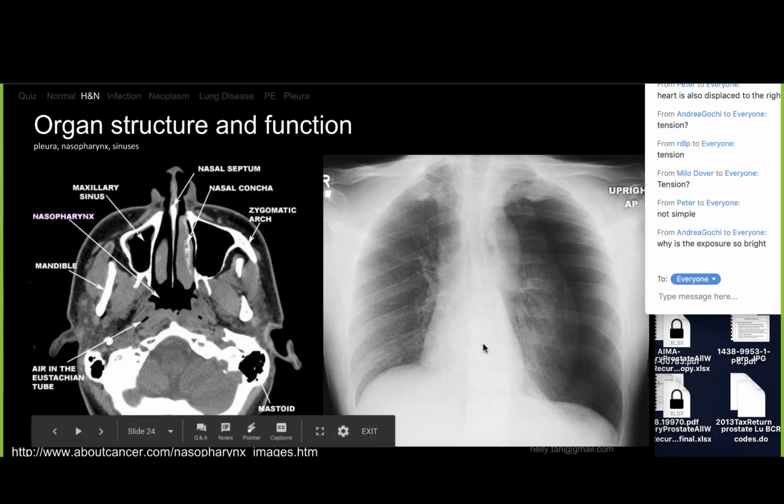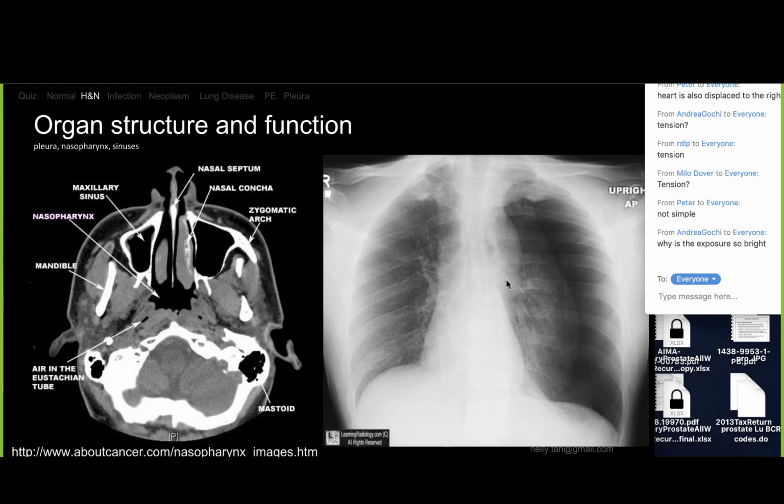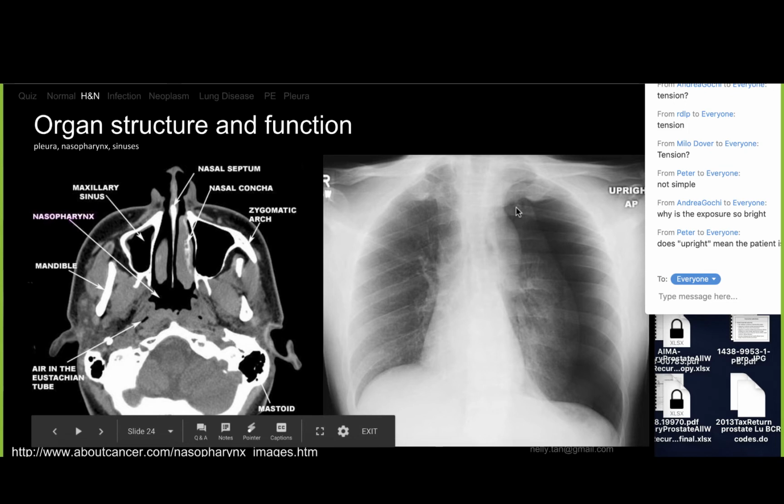This is portable, and you know it's portable because the quality is sort of iffy, which is what Andrea raised about it being a little overexposed, because the detector and the source of radiation are not optimized, so you can get over and under exposure. Sometimes you also have all these wires and tubes over the patient, which makes it even harder to read.